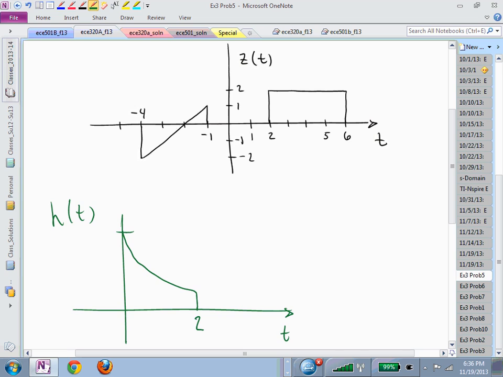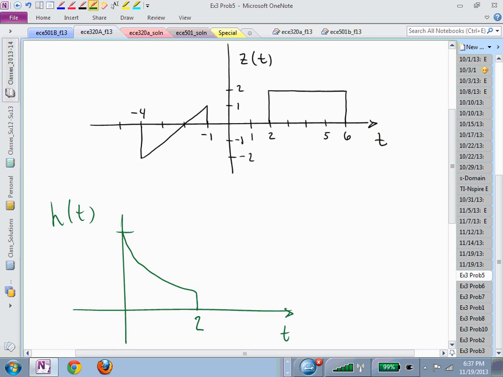I'm exciting it with z of t. When's the last time you're going to see anything happening at the output? So what's the last time I'm going to excite this system? 6. After I excite it, how long does it continue to shake? 2, doesn't it?